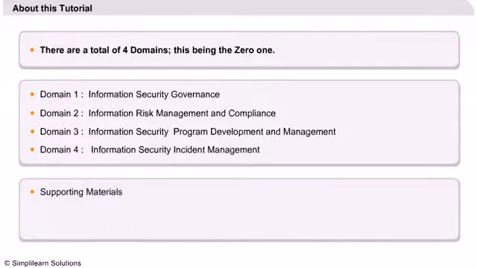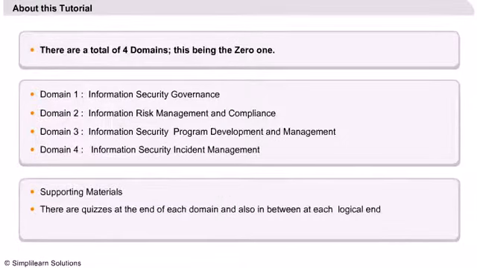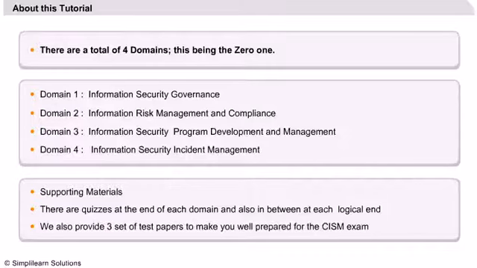There are supporting materials for each domain, which are quizzes at the end of each domain and also in between at each logical end. A set of 3 test papers are provided to make you well prepared for the CISM exam.